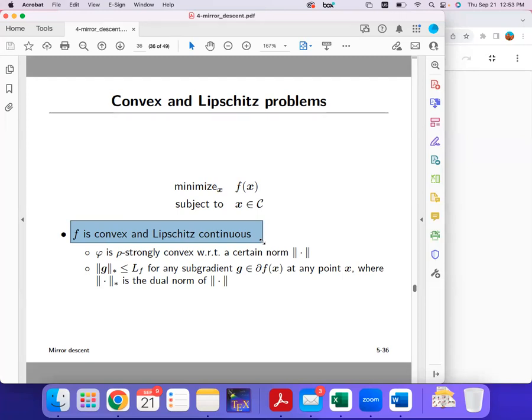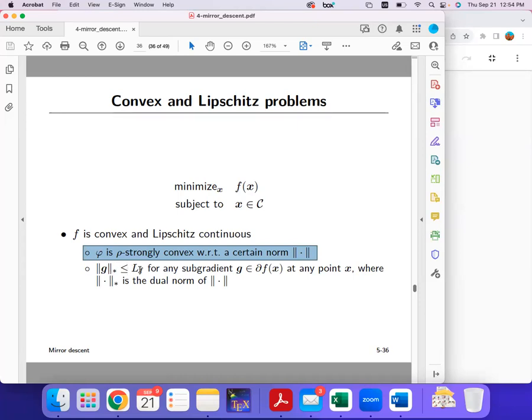Now, because we are using mirror descent, we have that Bregman divergence. So for that phi function, we assume it is rho strongly convex with regard to a certain norm. And we also assume that because it's convex and Lipschitz continuous, the subgradient of this function is bounded.